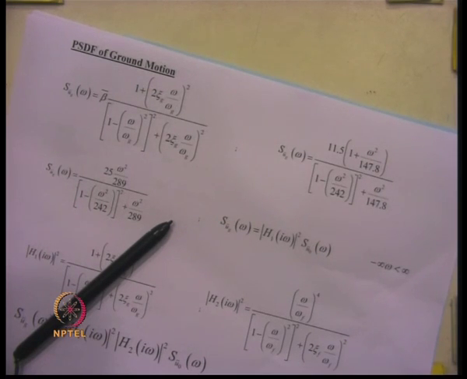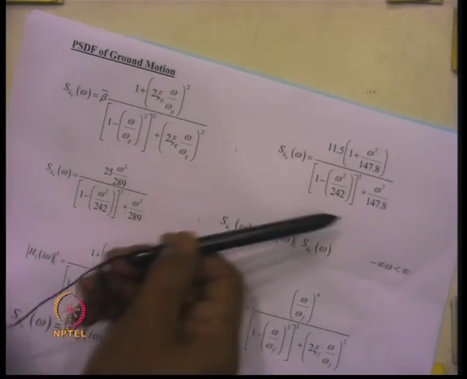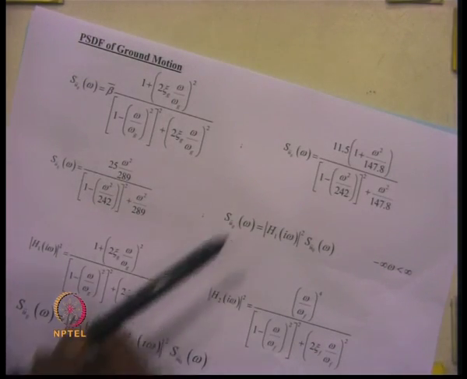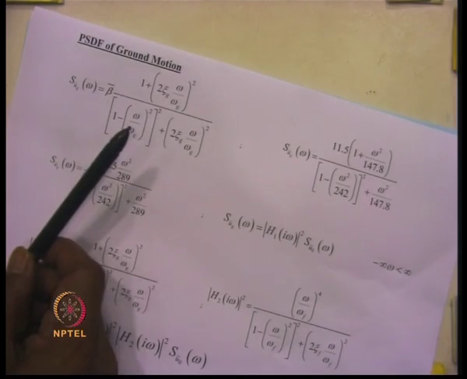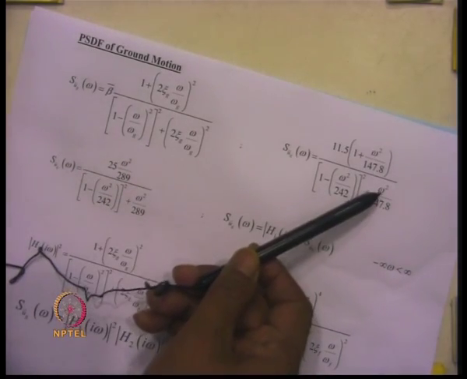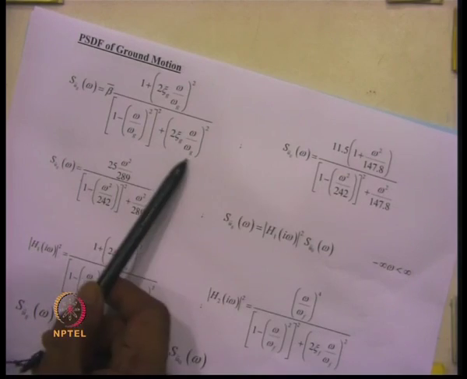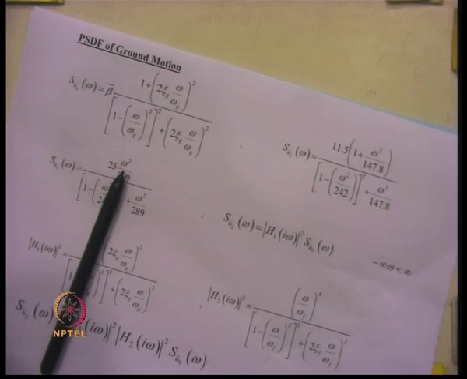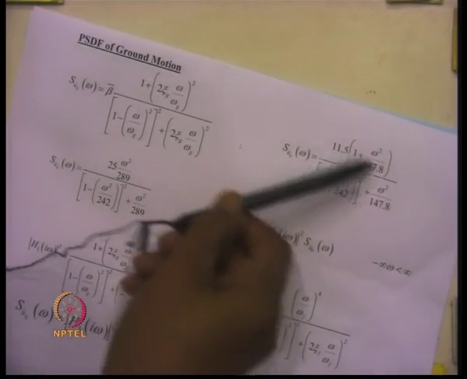That is, there is a change in shape between the power spectral density function which is recorded at the rock bed and which is obtained at the surface. Now, this is again another empirical equation for the power spectral density function. These values are, instead of omega g etc., specified values, that is, for a particular class of soil condition this is valid.